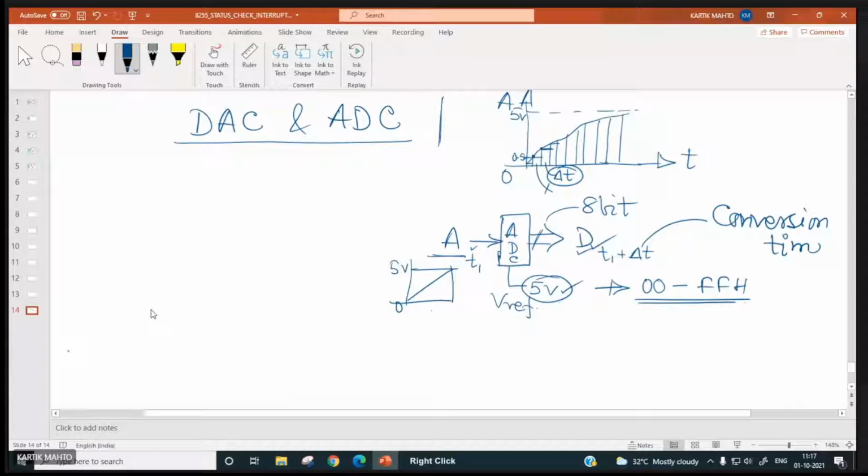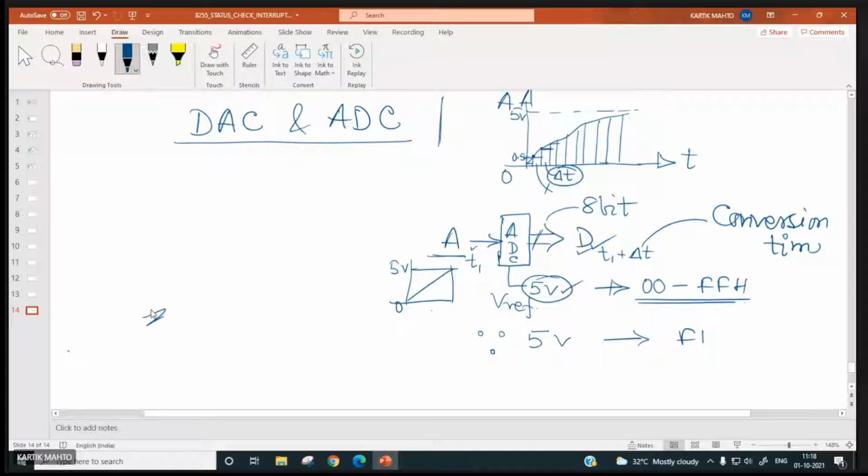Can you tell me? It is simple arithmetic. 5 volt is equivalent to how much?